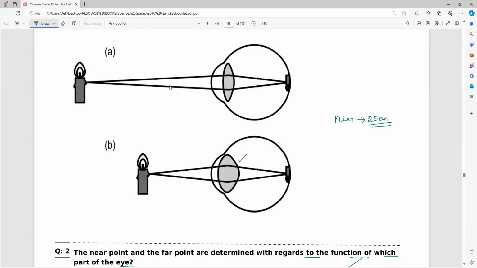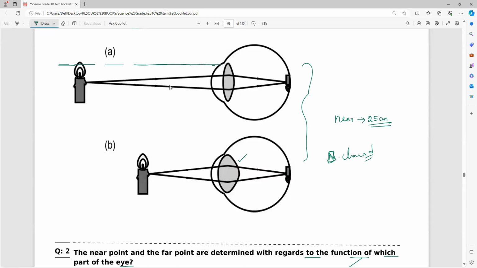Actually, these diagrams are not there in NCERT, but if you have noticed in the Chand book, for near vision and far vision we have a proper diagram. Do you remember, everybody? But far distance means, if the object is at infinity, what kind of line must the light come in?